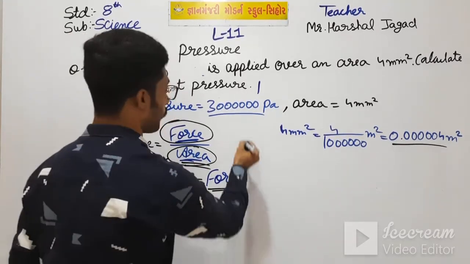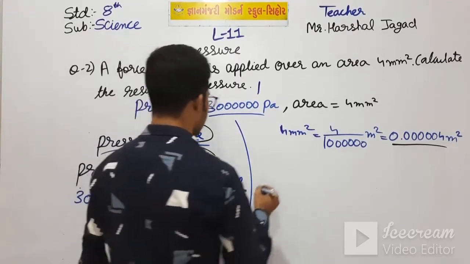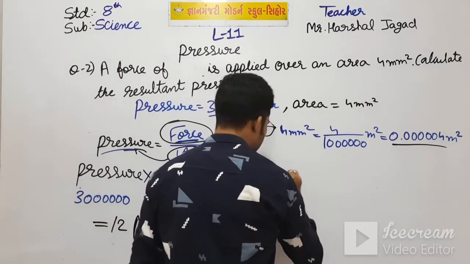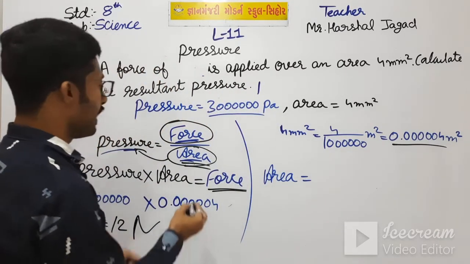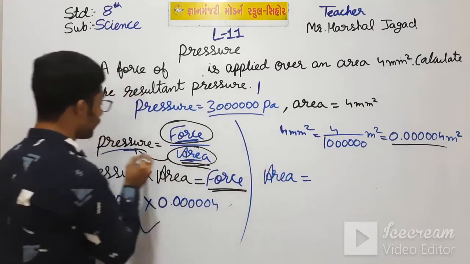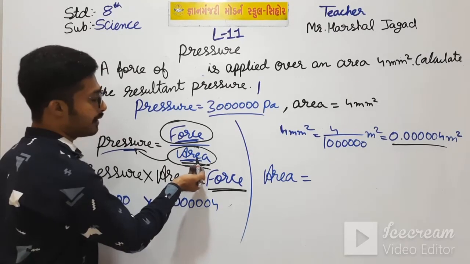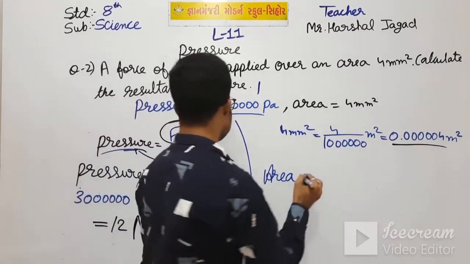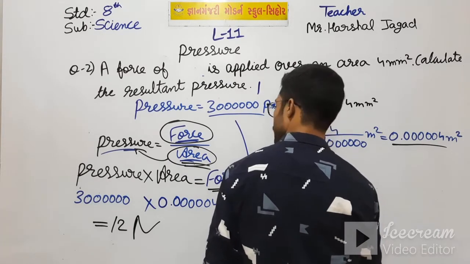So if we have to find the area, what will be the formula here? Area is equal to, here area is in multiplication, if it goes it will come in division, but if pressure is here in multiplication, this pressure will come here, then it will go in division. So force upon pressure.